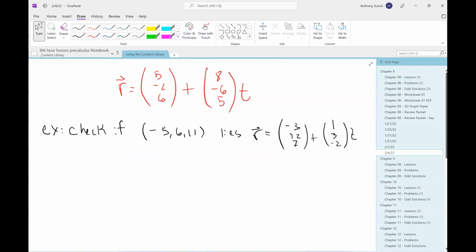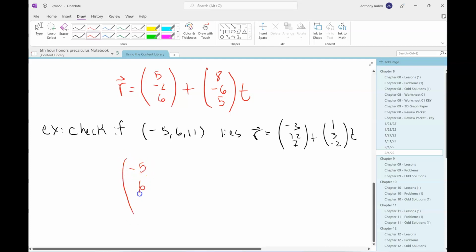So if I want to check to see if the point -5, 6, 11 lies on the line -3, 12, 7 plus 1, 3, -2t. We already did this in 2 dimensions, right? This was a question we already did with 2 dimensions. Do you remember what we did?